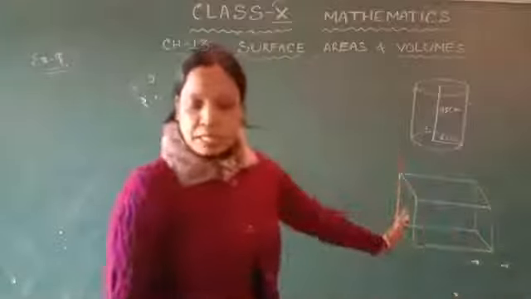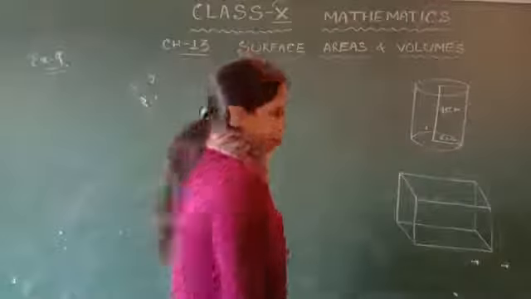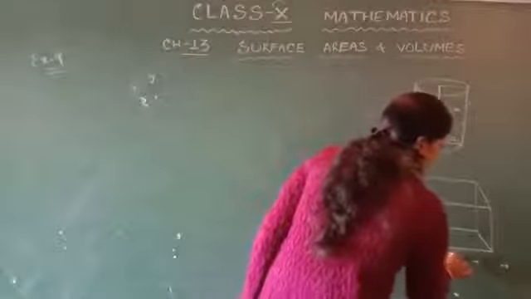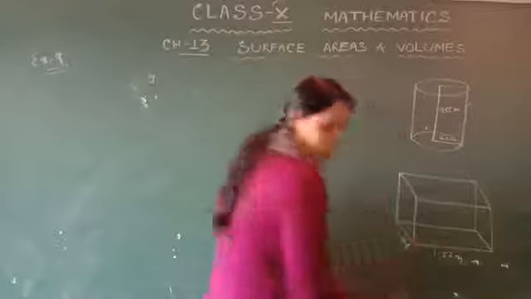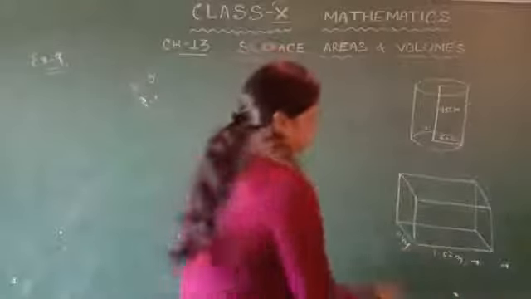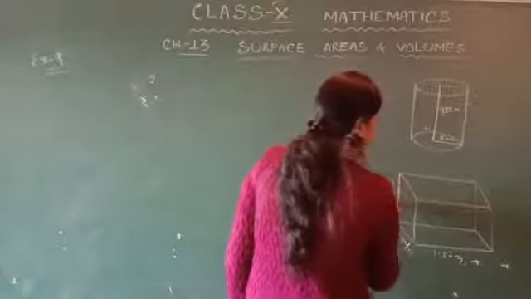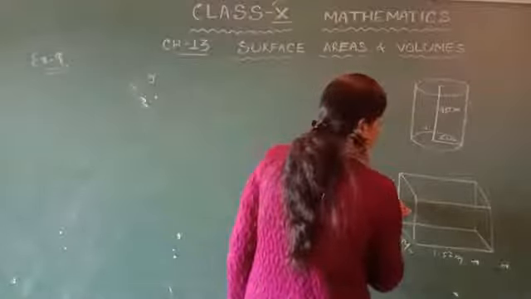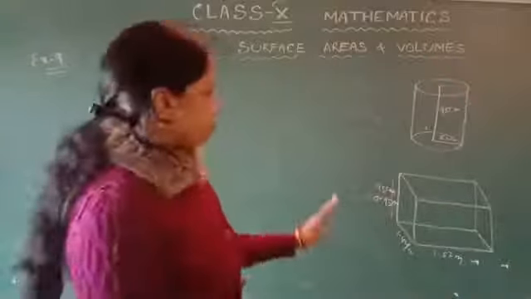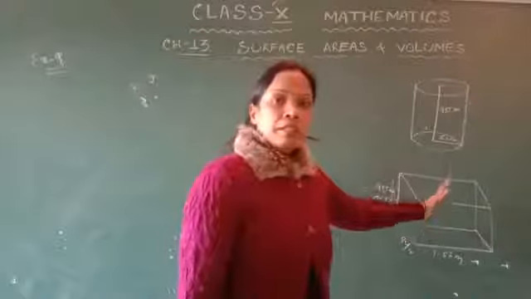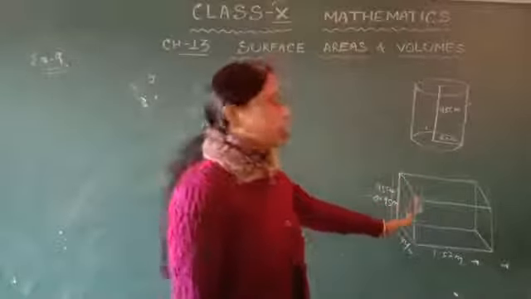The dimensions of this sump: length is 1.57 meter, breadth is 1.44 meter and height is 95 centimeter, that means 0.95 meter. So this is the dimensions of the underground tank, that is the sump.